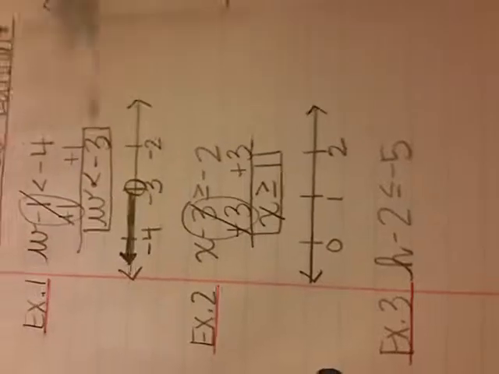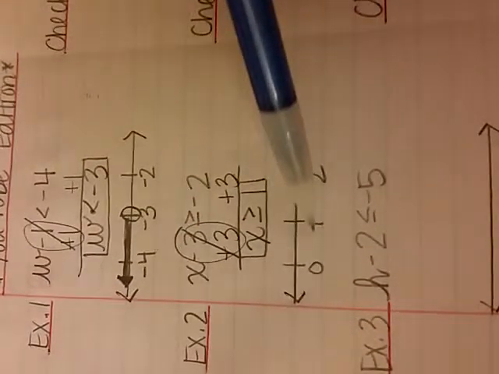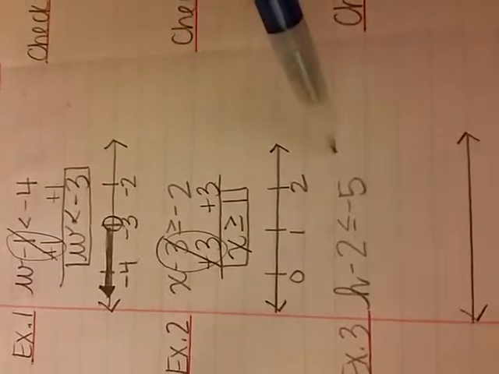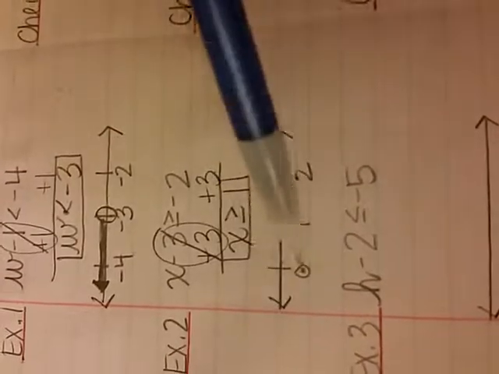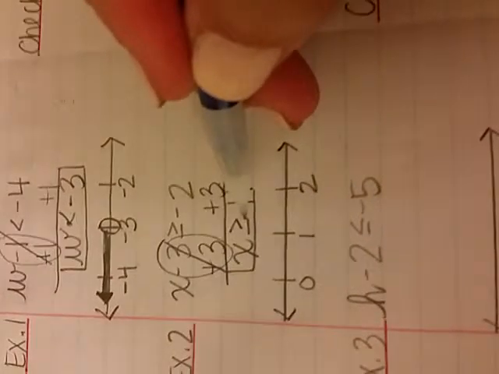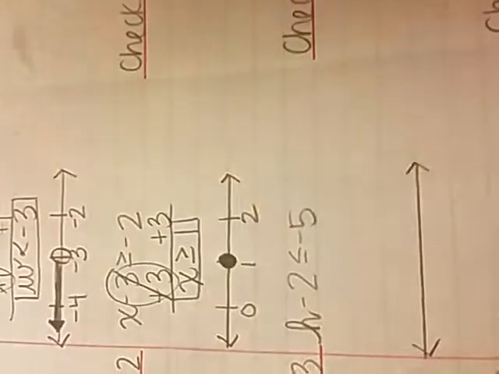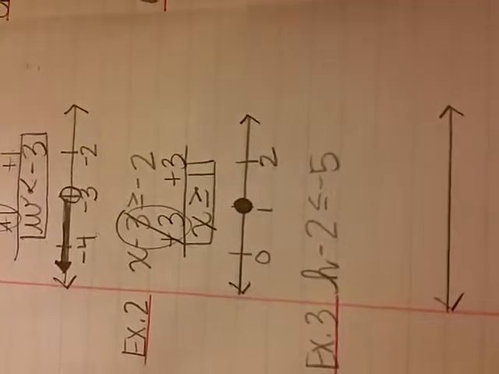Some of you are getting the negative and positive intervals confused in class, so make sure that your numbers are actually in order. Okay, so I'm going to have a closed circle because it's greater than or equal to. The equal to makes it closed. And my point here is on the right-hand side, so my arrow is going to go towards the right.